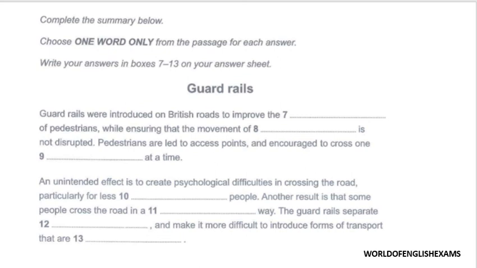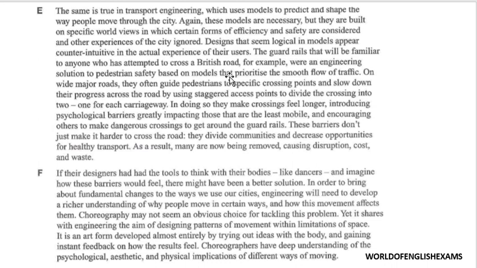So, and here you already have the clue in the form of a title that's called guardrails. You remember we just read about them in paragraph E. Can you see here the guardrails? And they're talking about something that happened on a British road. So let's see this.